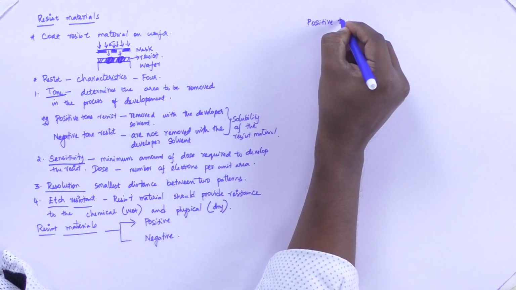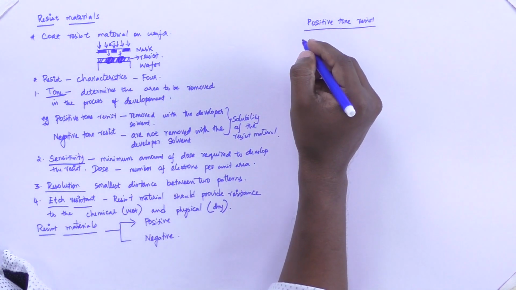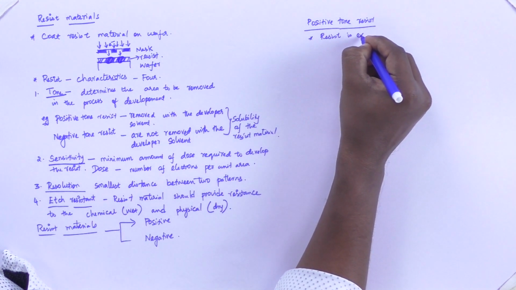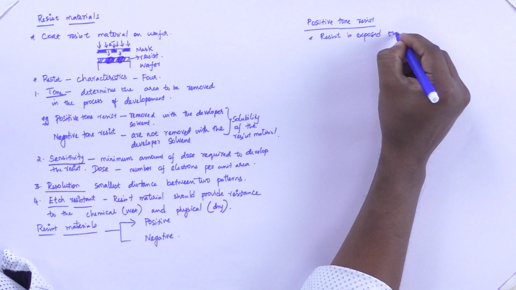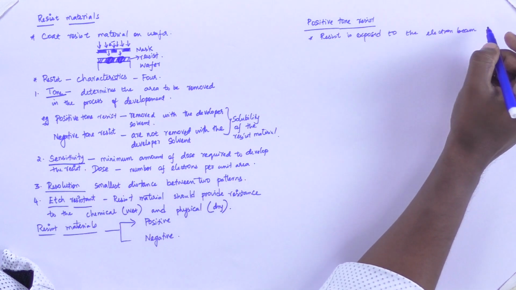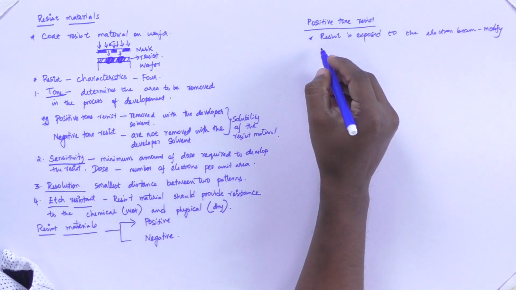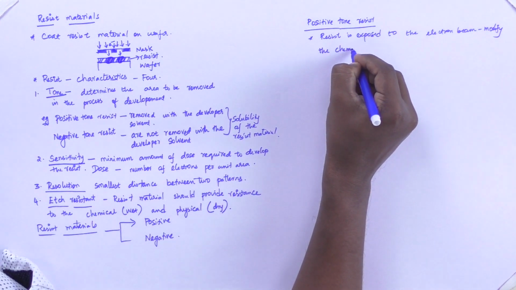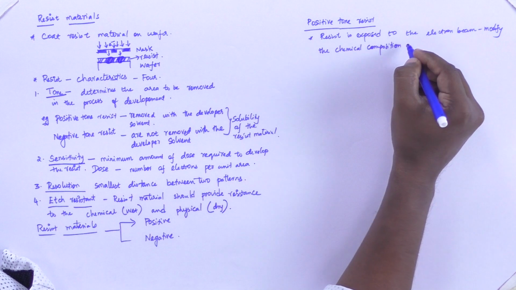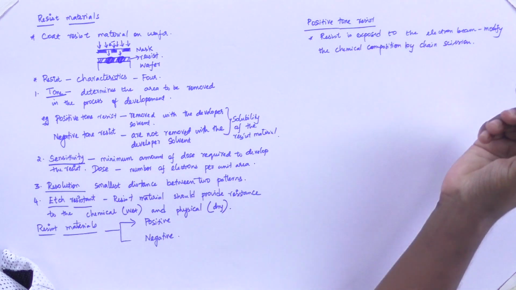So a positive tone resist is a kind of resist material, and its main thing is when you expose this resist to the electron beam, what will happen is it will modify the chemical composition by chain scission reactions.